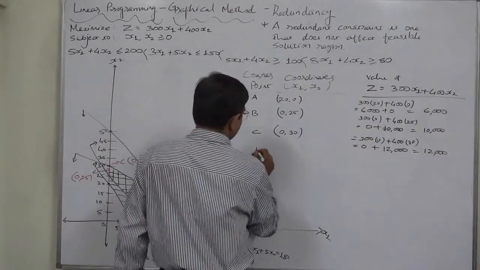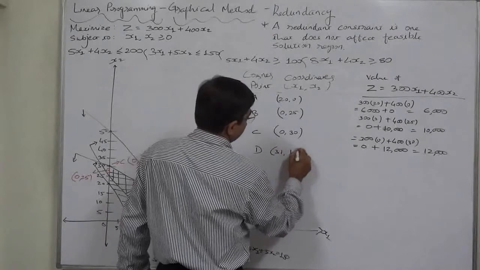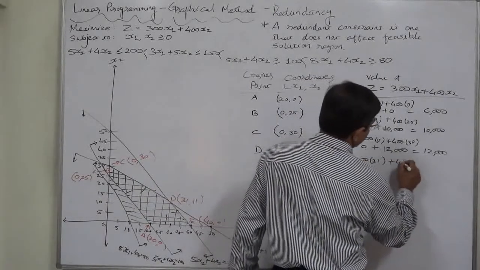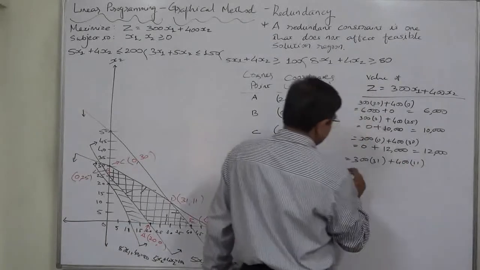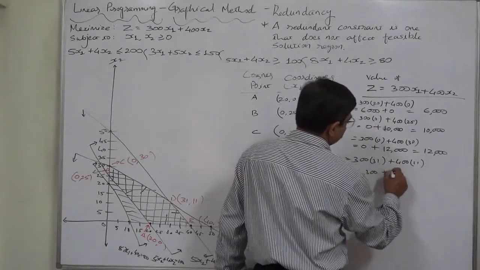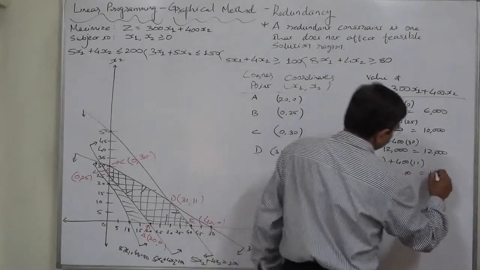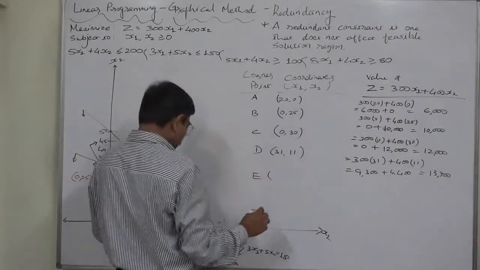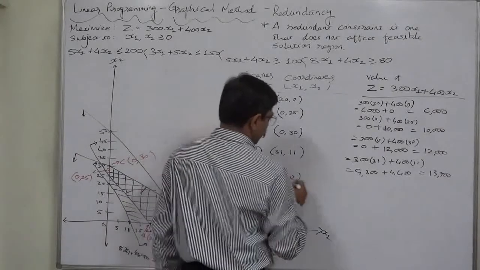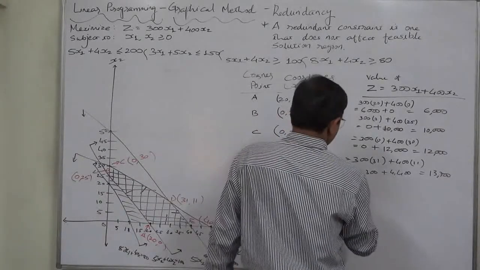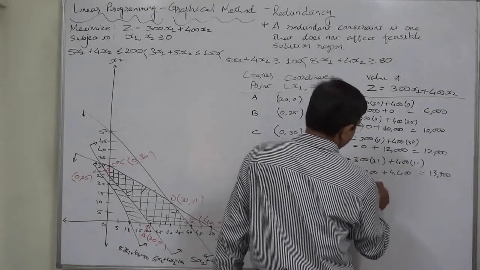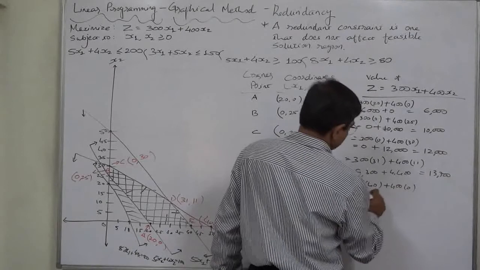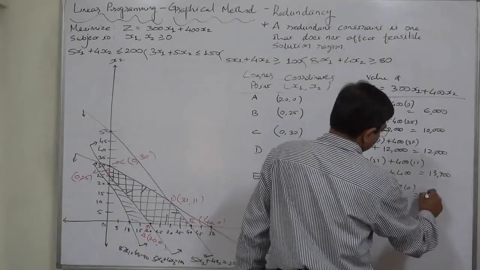Then D, 31 and 11, 300 into 31 plus 400 into 11, that is 9,300 plus 4,400, it's 13,700. E, 40 and 0, 300 into 40 plus 400 into 0, so it's 12,000 plus 0, it's 12,000.